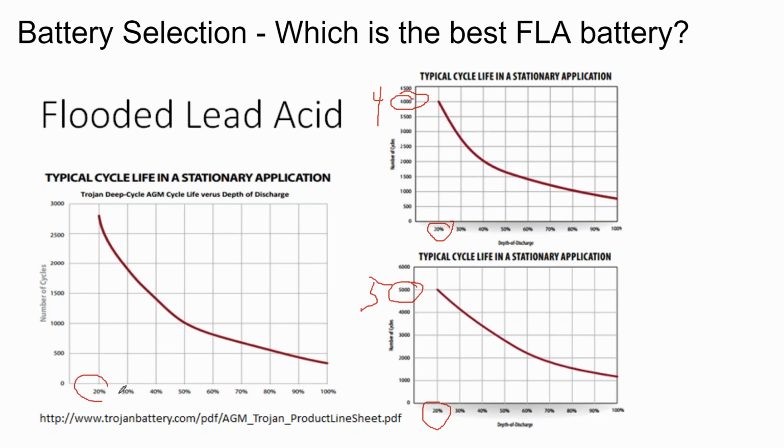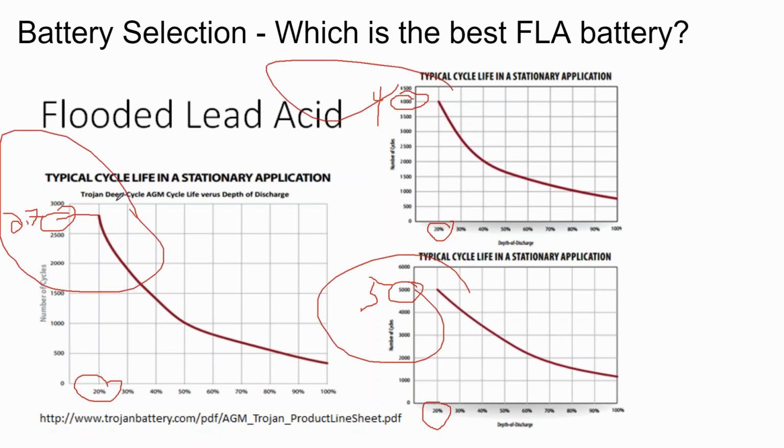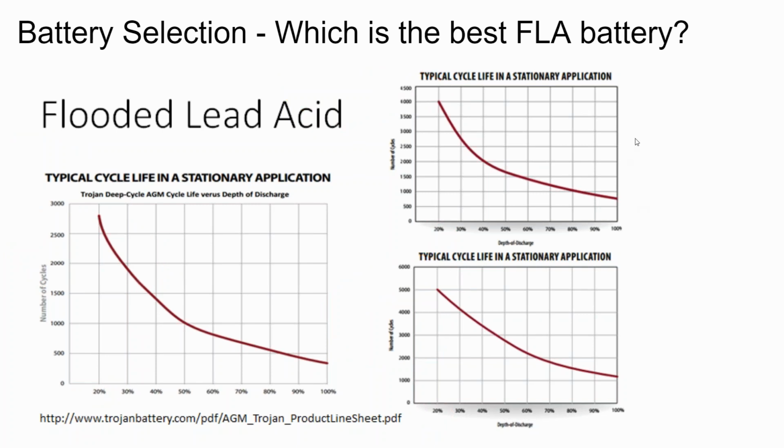And here's one at 20% where the battery's rated for 2,700 cycles. Well, guess what? Every one of these batteries is a different lead acid battery. And so there's no just one lead acid battery. There's a huge product range of lead acid batteries.